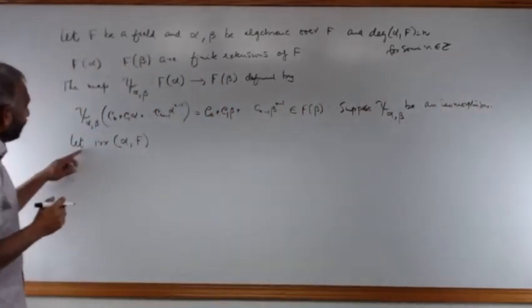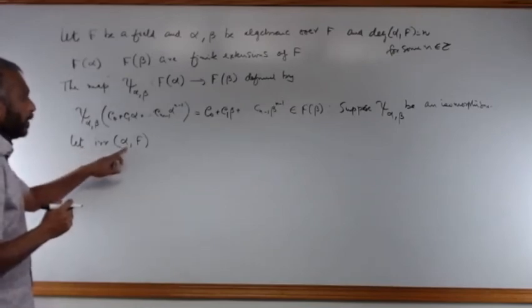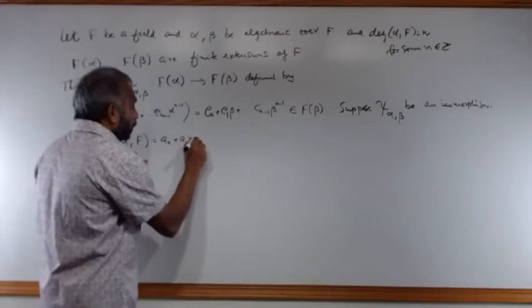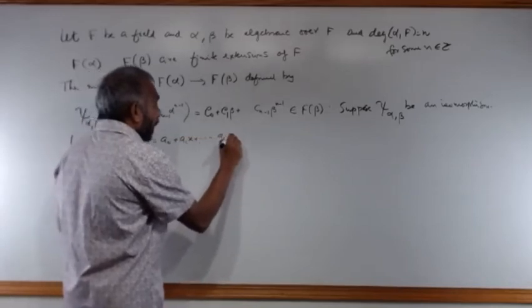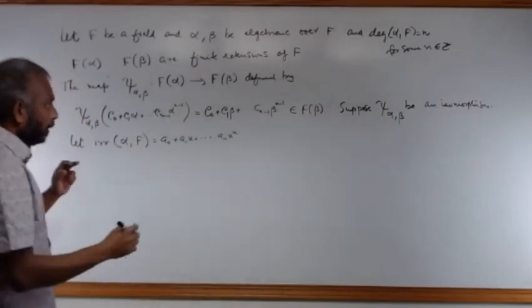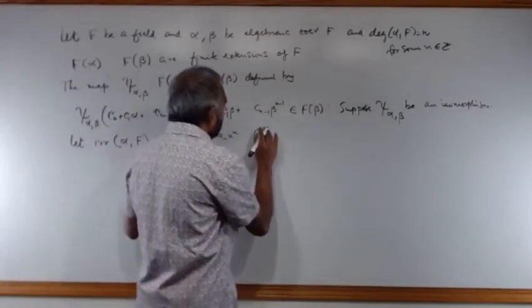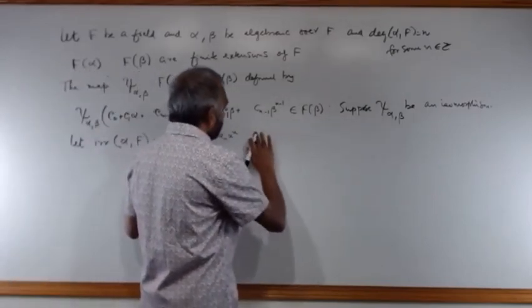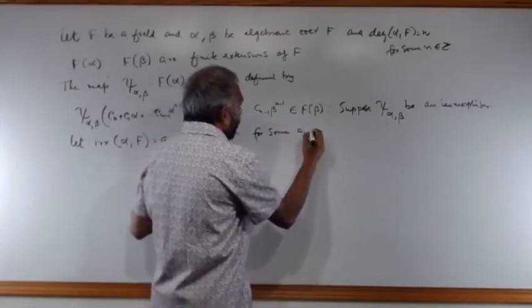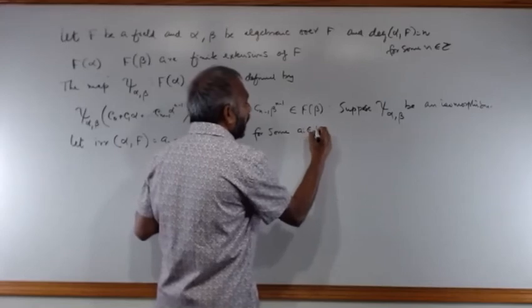So there is an irreducible polynomial of alpha over F. Let it be a0 plus a1 x plus ... plus an x to the power of n. Here it is n because the degree is n, with ai's in F.